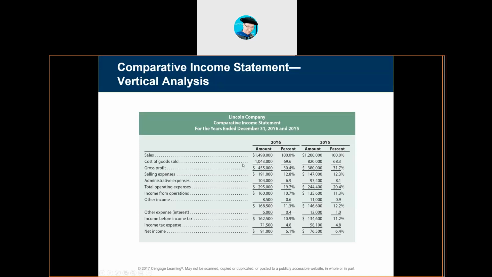To get everything else, we simply take that line item and divide it by total sales. So in this example, cost of goods sold divided by total sales is 69.6%. Gross profit divided by total sales, 30.4%. So forth and so on. And you do that for every line item on the income statement. And that's vertical analysis.